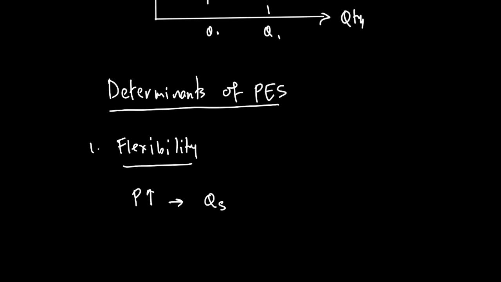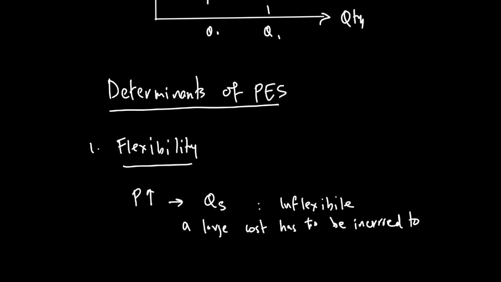That inflexibility means that if the price goes up and I want to increase my quantity supplied, but I'm inflexible as a producer, then I may need to incur a large cost to increase my quantity supplied.